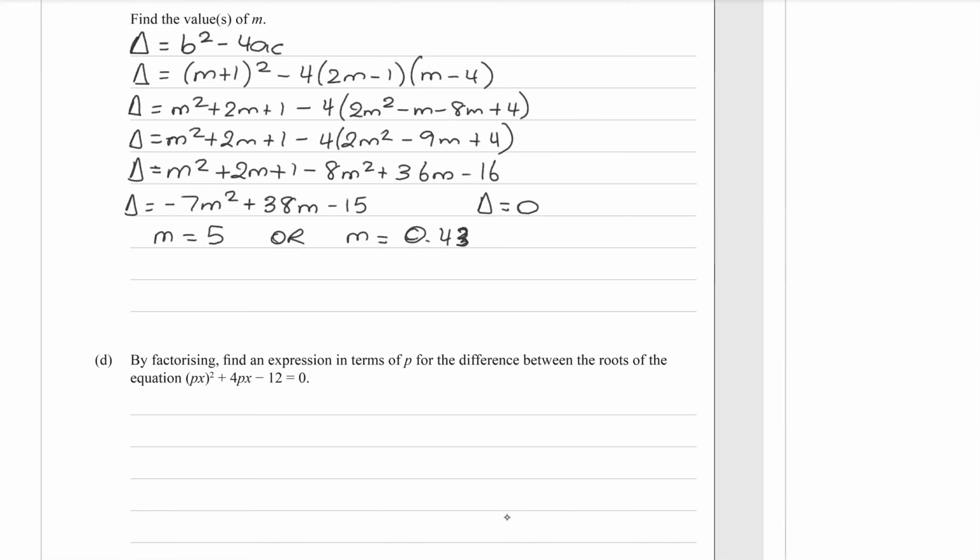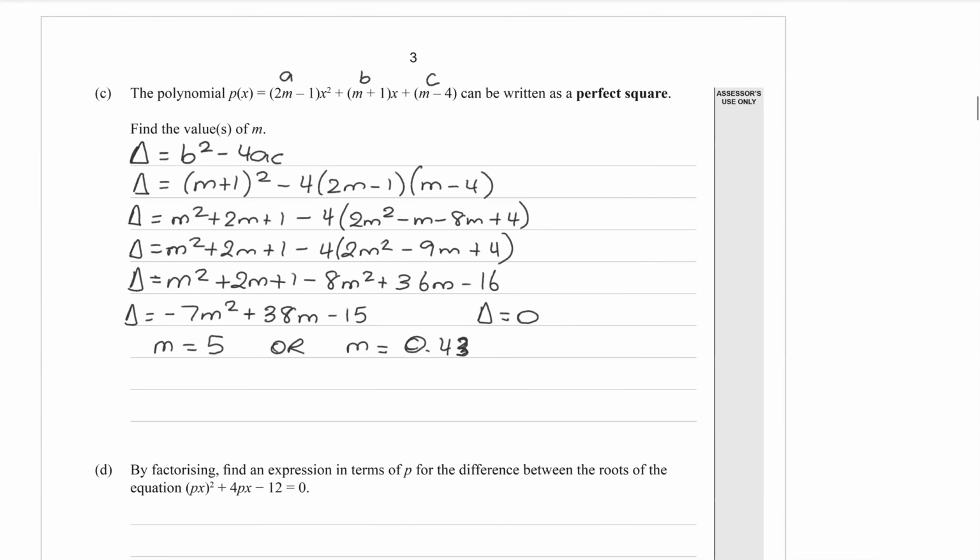Now if we determine which one is the correct solution: if I put 0.43 for m, and I especially look at the last value there, that gives me a negative number. If I get a negative number, it can't really be a perfect square. I need a positive number to make it a perfect square, because remember, I want a positive times a positive, so then I can make it a perfect square.